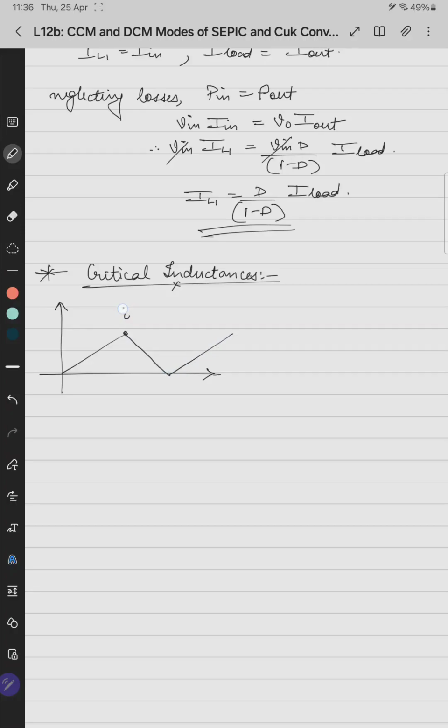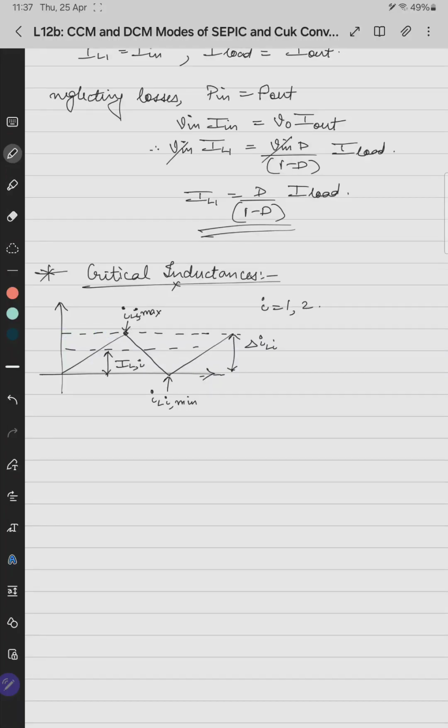So this is IL max, this is ILI, where I equals 1 or 2, first inductor or the second inductor. This point is ILI max, this point is ILI min, and this is delta ILI.